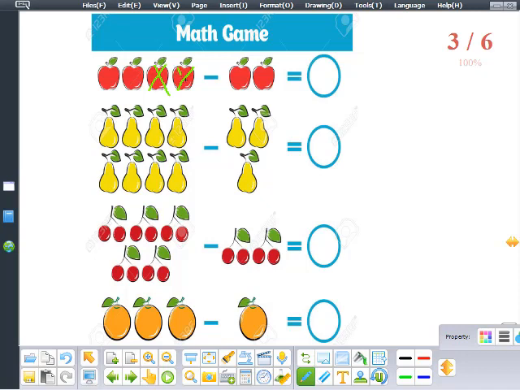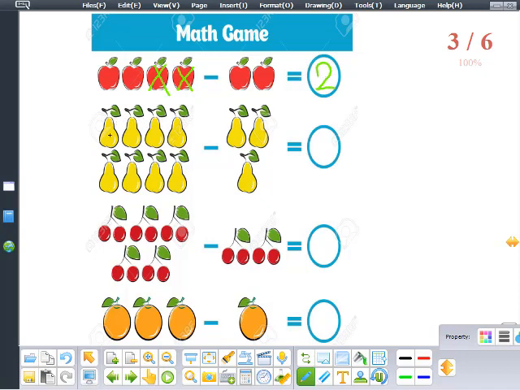So I count only this part. Let's count. 1, 2. Here we have 2 apples remaining. Well done. Great job, kg1.